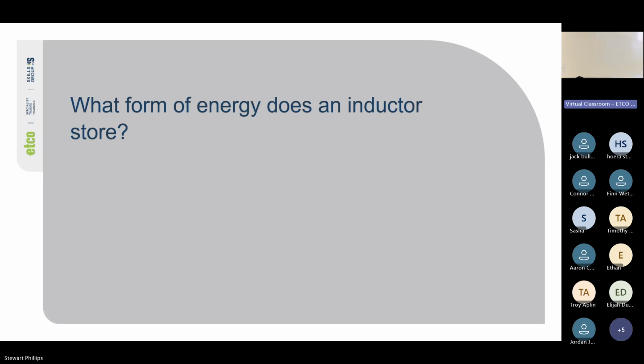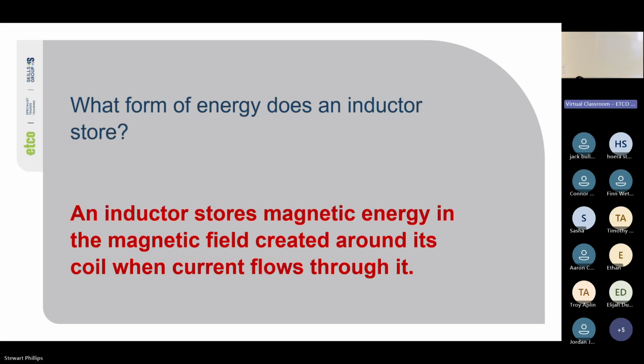When we're talking about an inductor, which is similar to the windings of a transformer, or when we think about induction inside of the transformer, everything is done magnetically. So an inductor stores magnetic energy in the magnetic field created around its coil when current flows through it. When we're talking about a coil or an inductor, it's electromagnetic or magnetic energy.